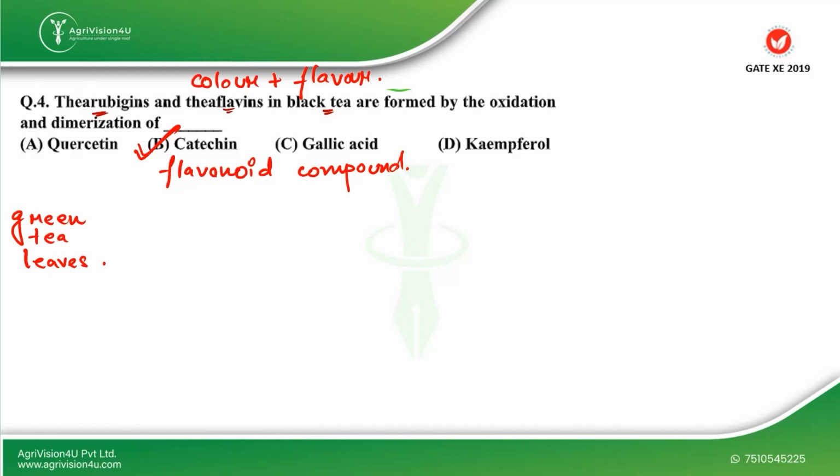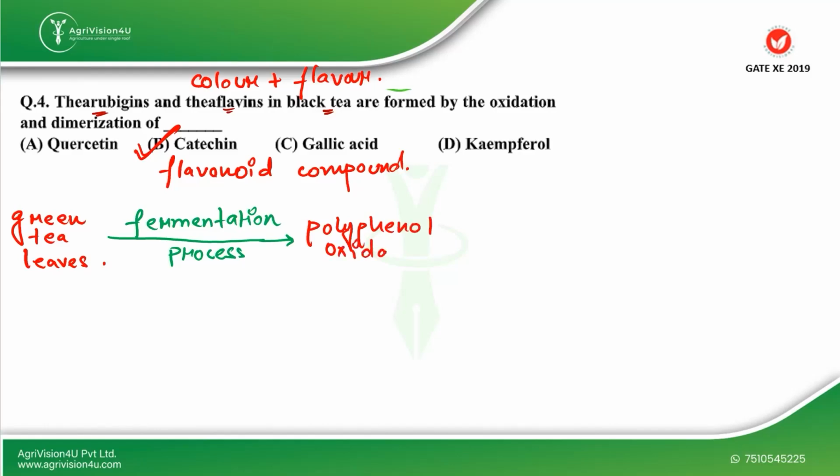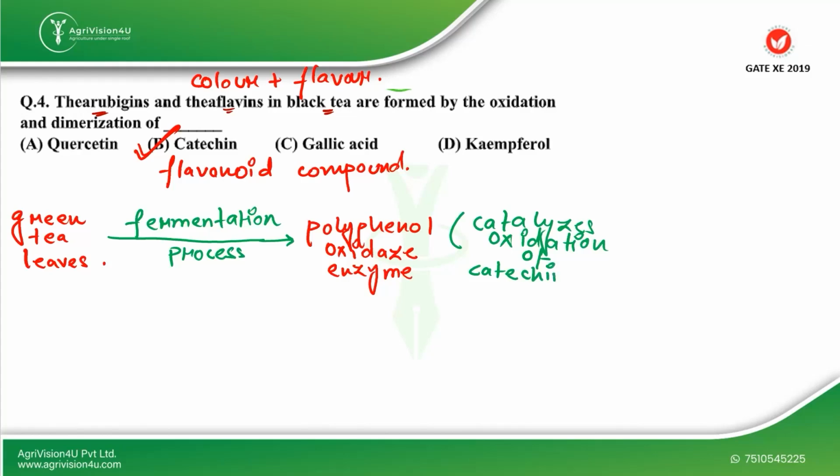Now what happens during the fermentation process? The enzyme polyphenol oxidase catalyzes the oxidation of catechin, which is a flavonoid compound present in the green tea leaves.